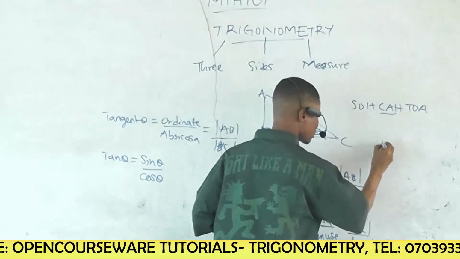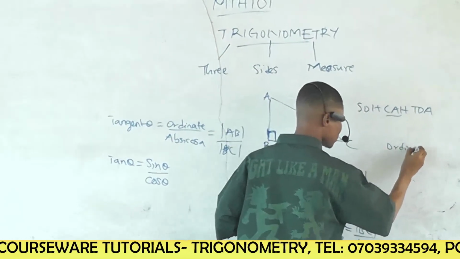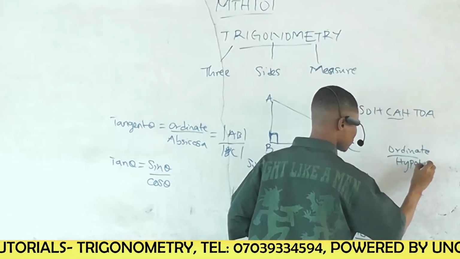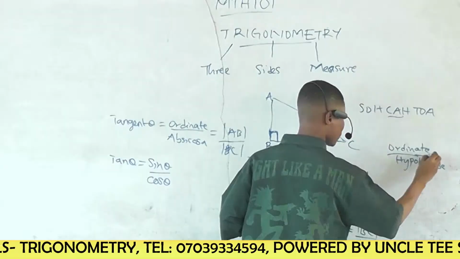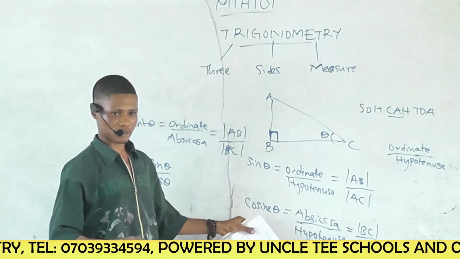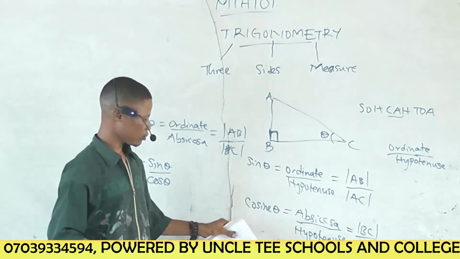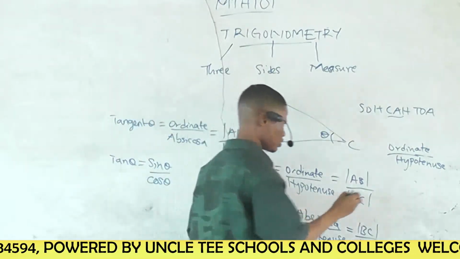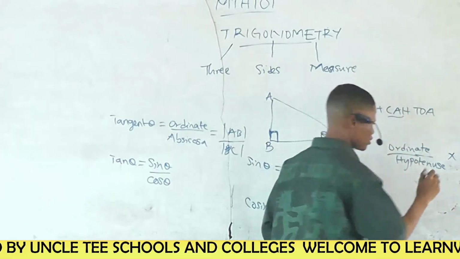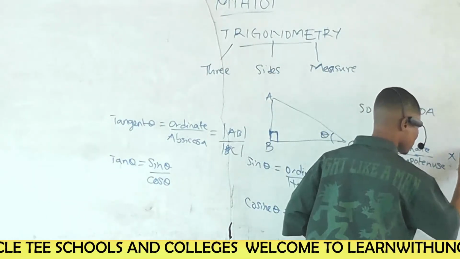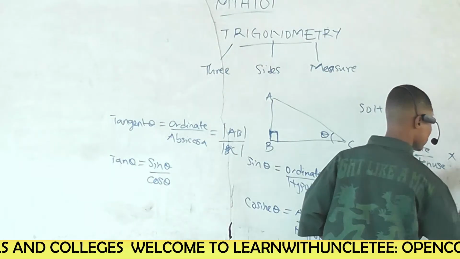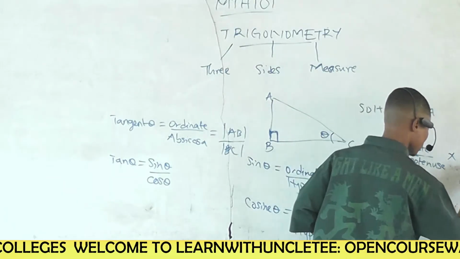Sine theta is ordinate over hypotenuse, right? Now, I said you are going to take the reciprocal of cos theta. What will be the reciprocal of cos theta? Hypotenuse over abscissa. I said you are going to multiply, don't forget. You multiply by the reciprocal, which is hypotenuse over abscissa.